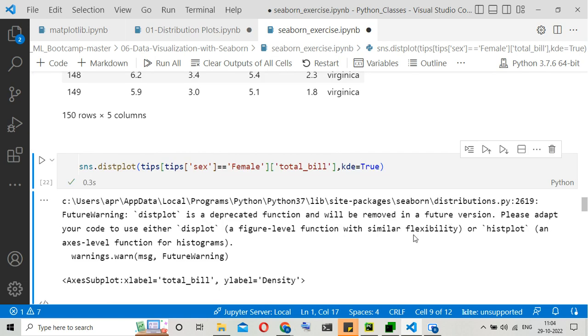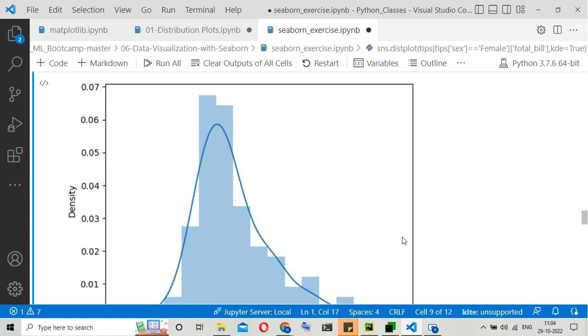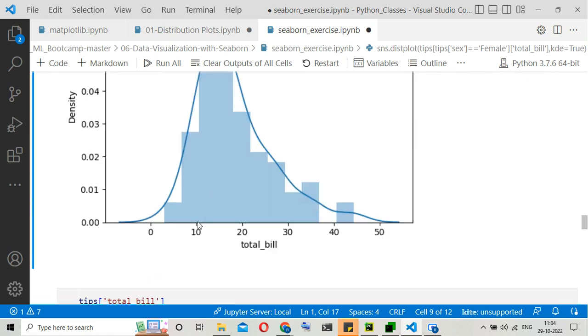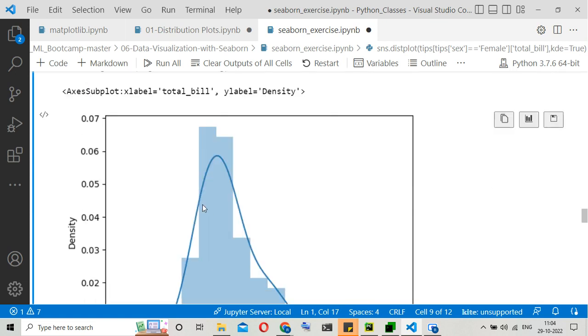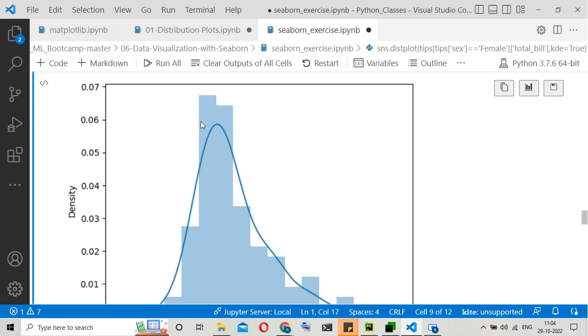So density is generally okay. What is density here? I mean, we don't have density data in our dataset. Yeah. Density is nothing but percentage. You can say how much percentage of this data is there.